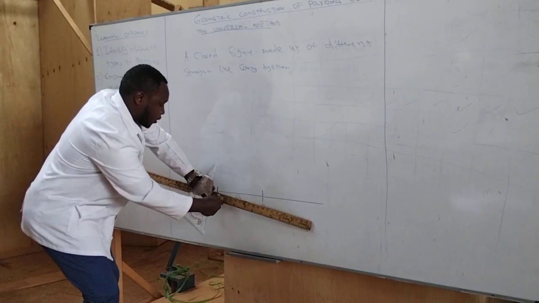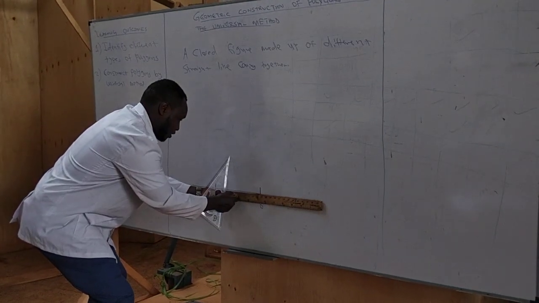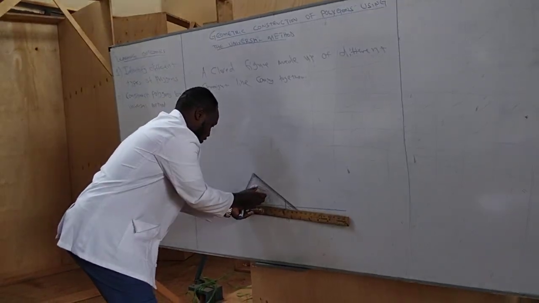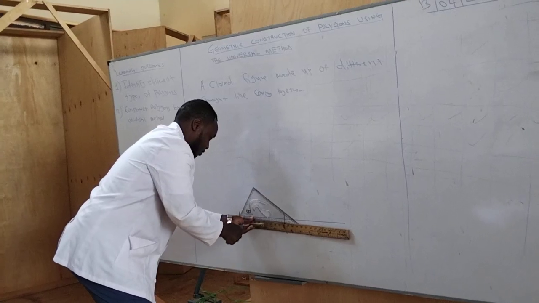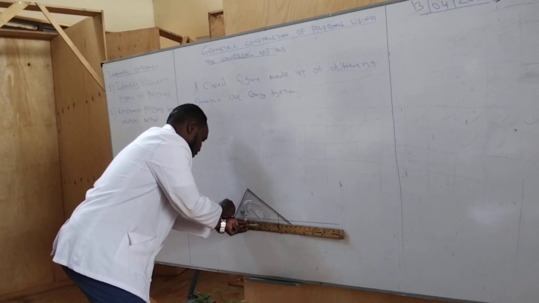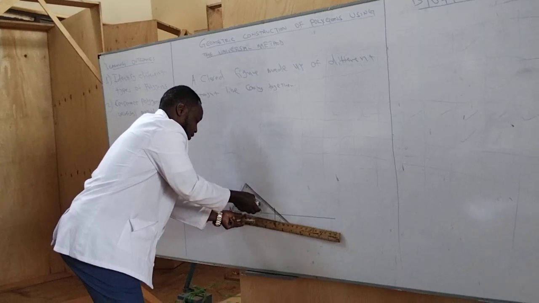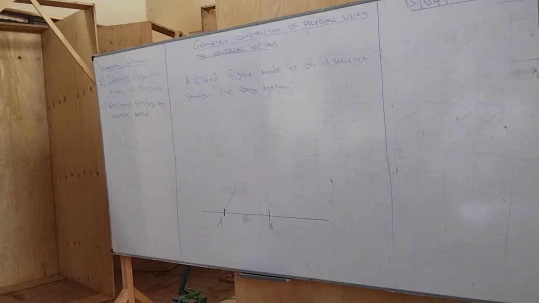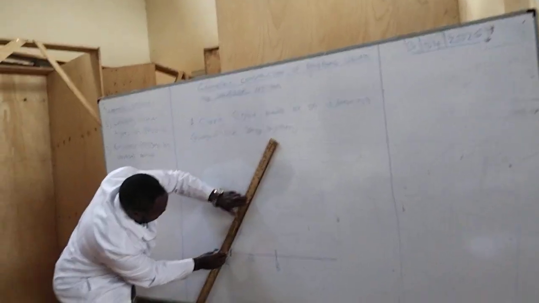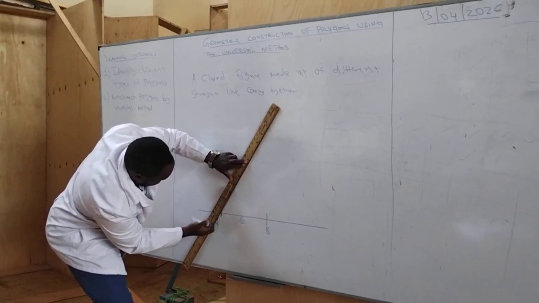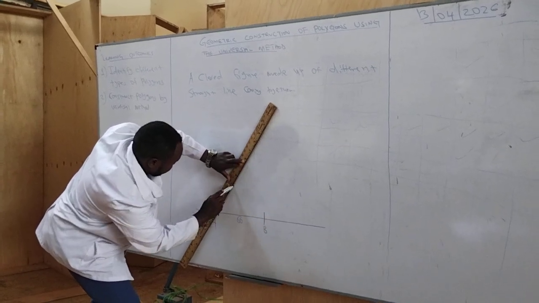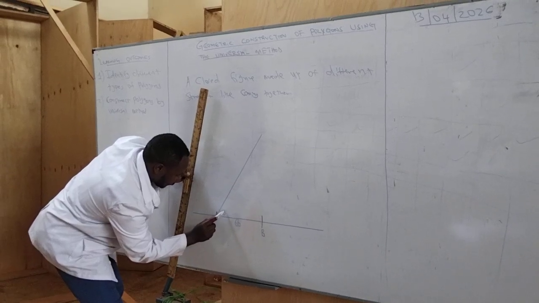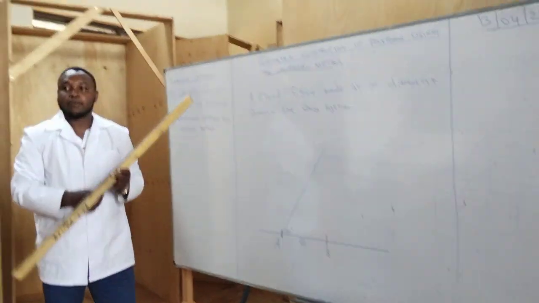So you put your T-square this way. And now your set square at that point of 60. And then you draw an angle of 60 degrees. So this angle is 60 degrees, okay?